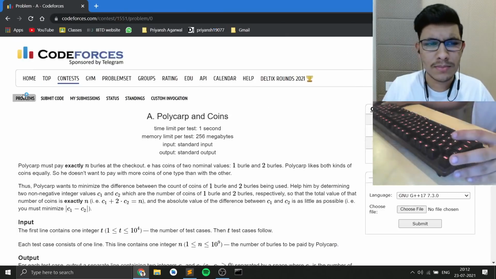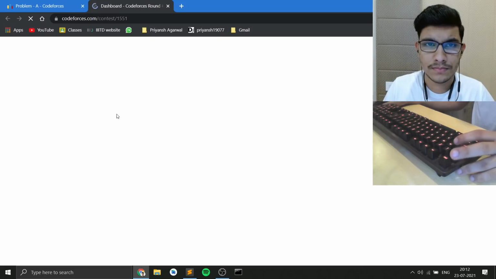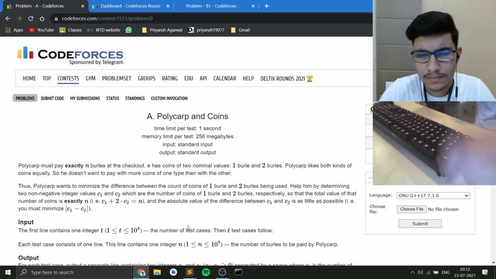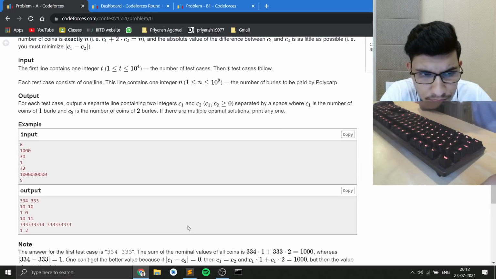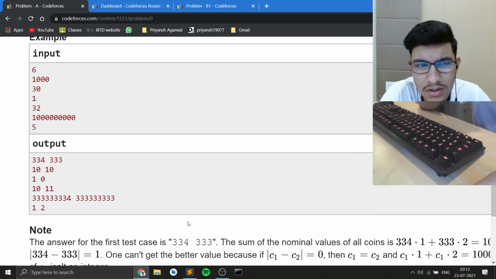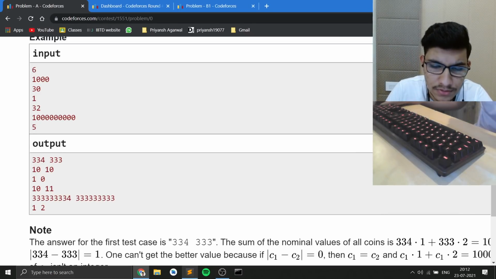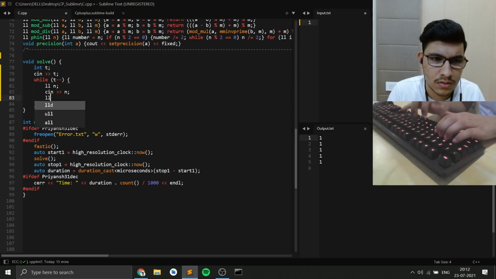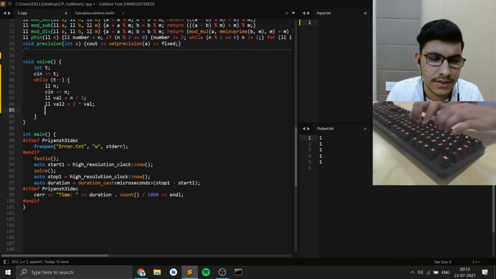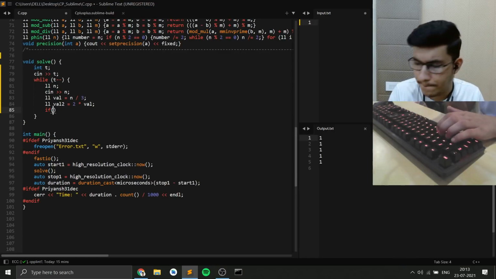Okay, let's look at problem B till then. This has like 6,000 submissions, so maybe I can find out a pattern here. Clearly what they're doing is dividing the number by 3 first of all. This is one number, val2 equals 2 times val.